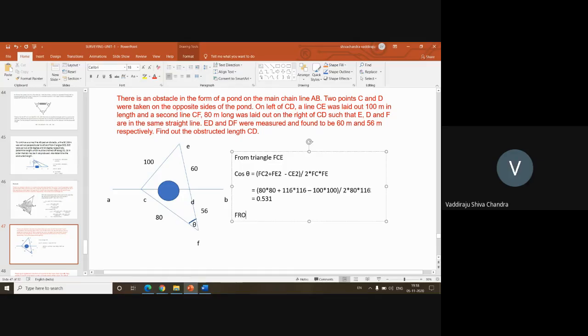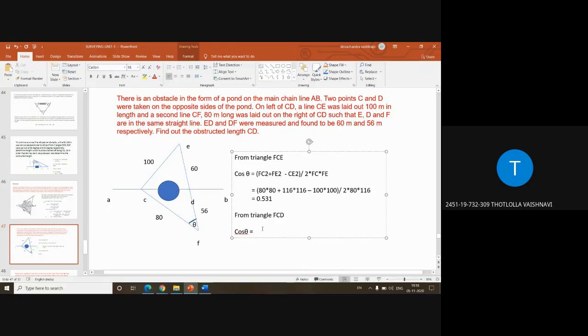Then now again from triangle FCD, this triangle, what is the cos theta value? What is the cos theta equation from this triangle FCD?